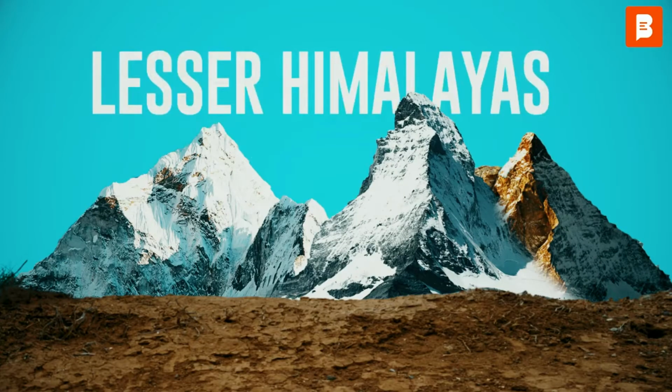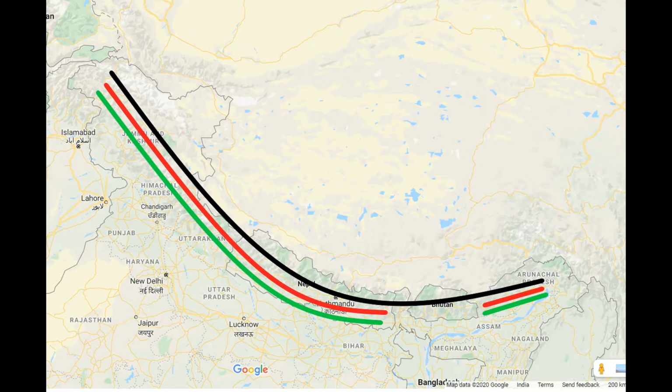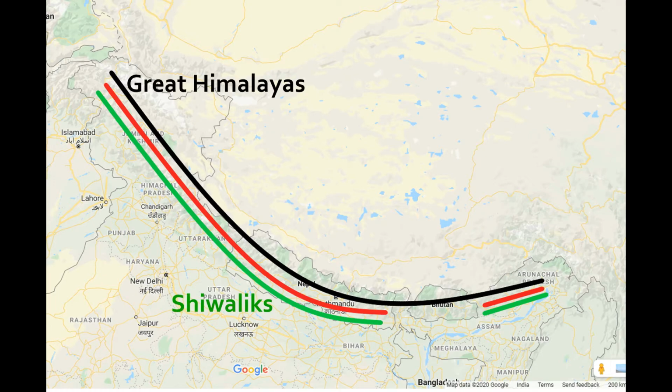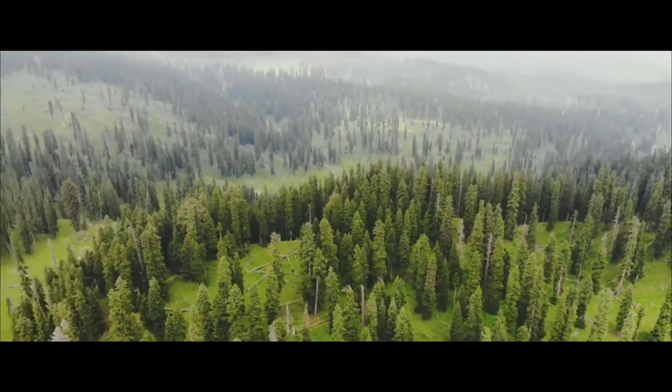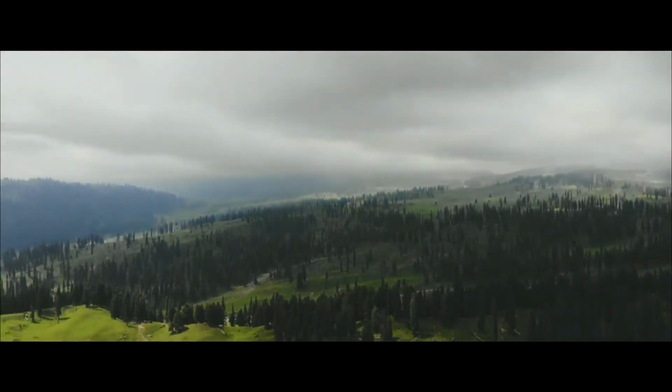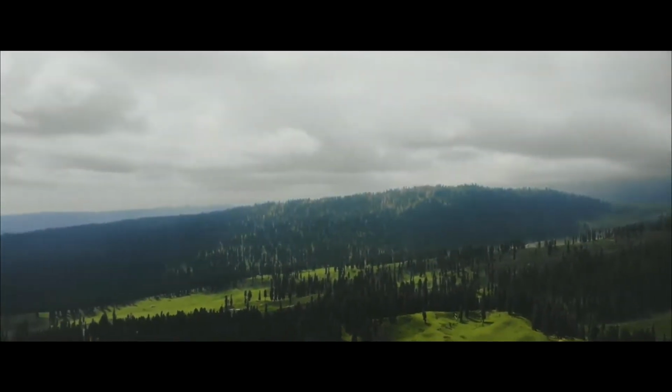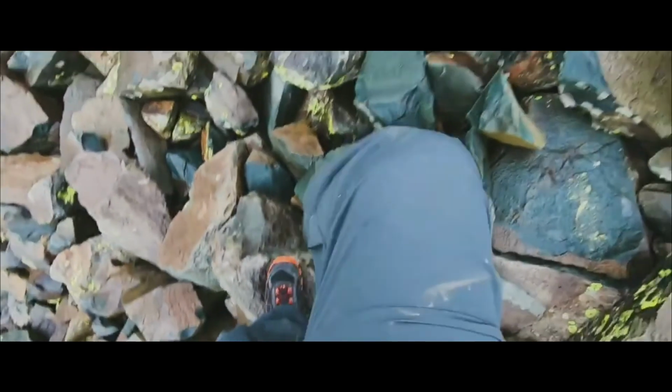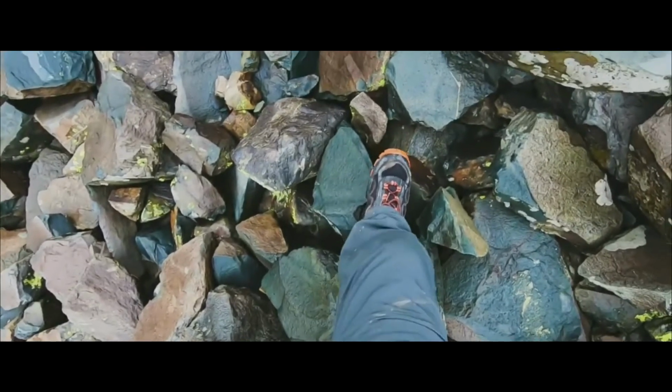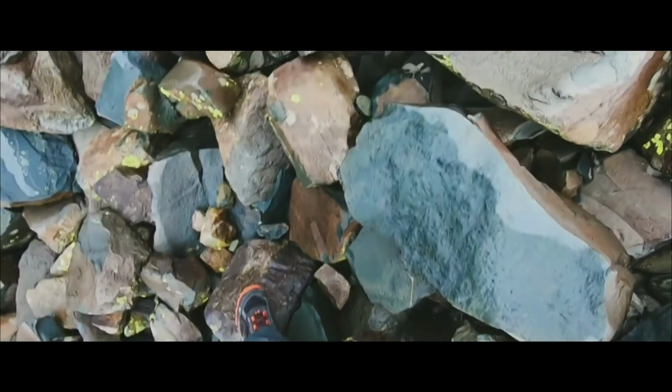Himachal or Lesser Himalayas. These ranges run parallel to the Great Himalayas in the north and the Shivaliks in the south, and the ranges are less hostile and more friendly to human contact. The ranges are mainly composed of highly compressed rocks that have undergone considerable change in appearance and composition.